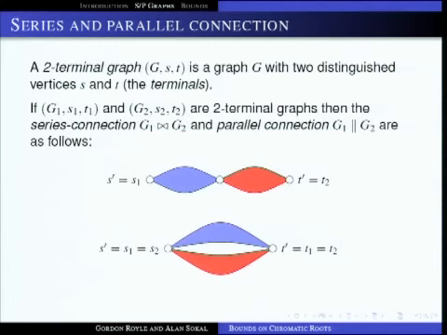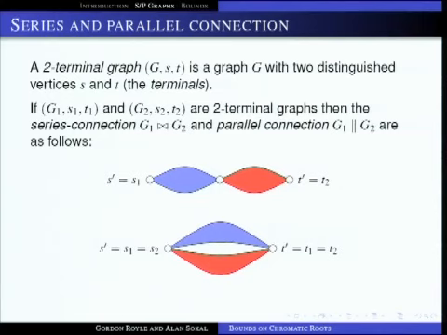Well, we're actually going to talk about two-terminal series parallel graphs. So our graphs have always got a distinguished pair of vertices, which are called S and T, the terminals. If you've got two of these graphs with terminals, then you can stick two of them together in series: the blue one followed by the red one. Your new S is the first S, your new terminal is the final terminal, and this guy loses its status.